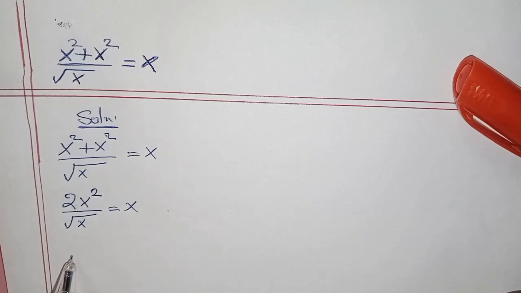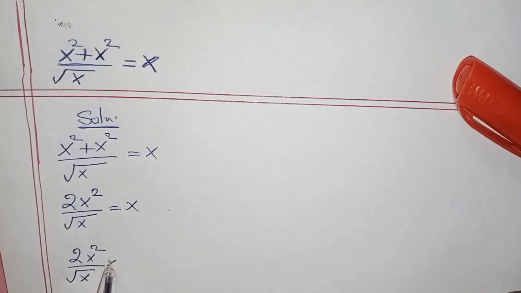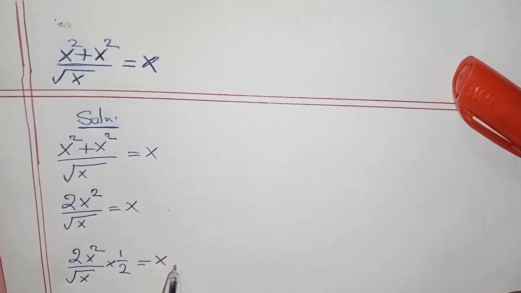That means I need to divide both sides by 2. So when I divide both sides by 2, I'm going to have 2 multiplying x squared divided by square root of x, divided by 2, which is times 1 over 2, is equal to x multiplying 1 over 2.